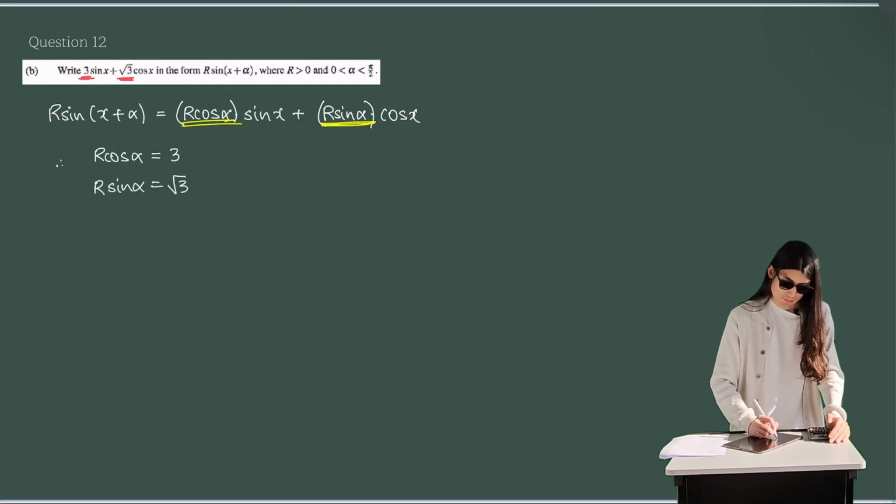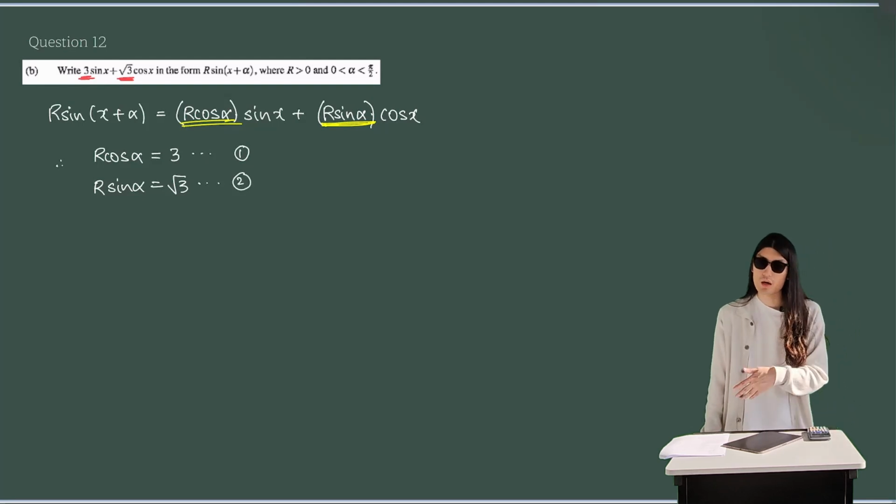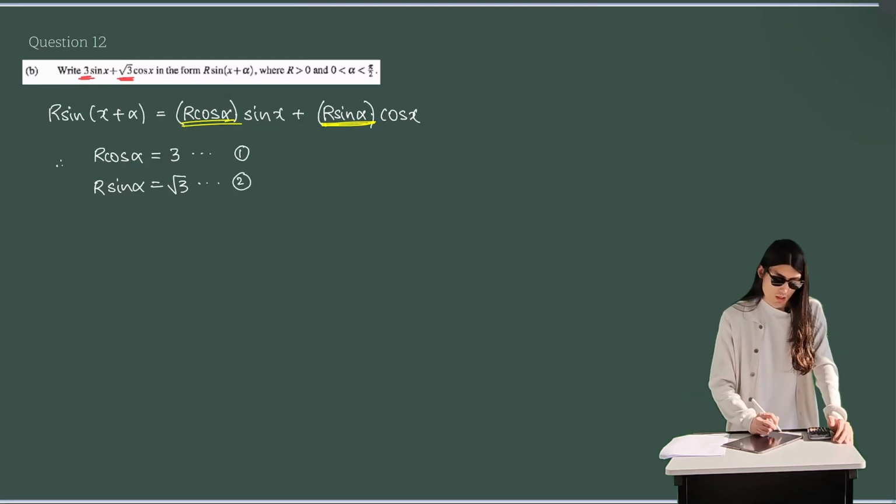So I can write them down like this. And you can solve these two equations simultaneously to find the values of r and alpha. I normally go straight to dividing the sine one by the cosine one in these cases, because the r's cancel, and sine over cosine of course gives you tan alpha.